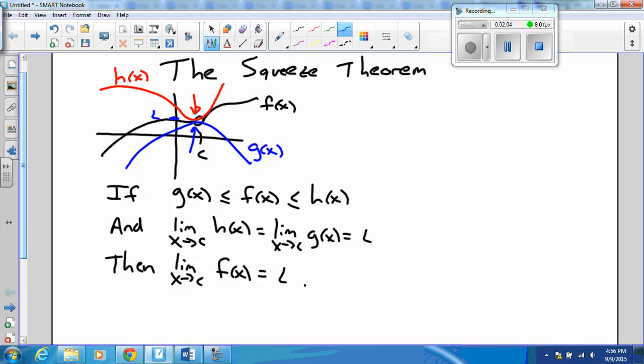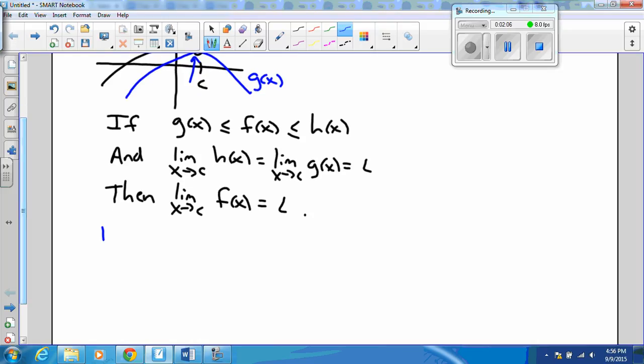Now, the proof is relatively straightforward. Choose an epsilon greater than 0.